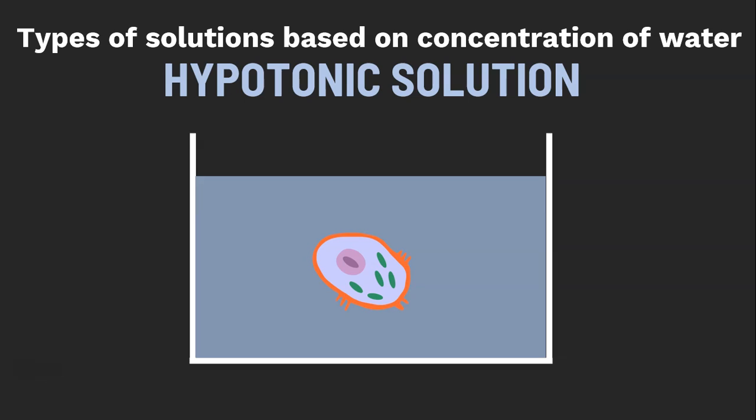And when that happens, the solution that it takes place in is called a hypotonic solution. So the hypotonic solution is where the surrounding medium has a higher concentration. So the water moves in both directions, but more water moves into the cell than out.